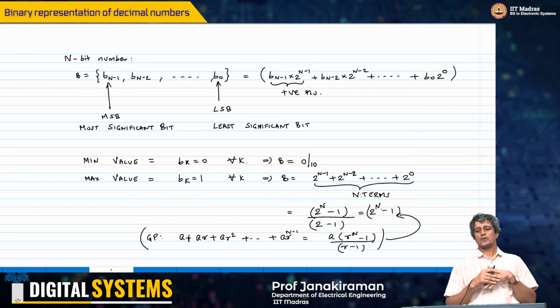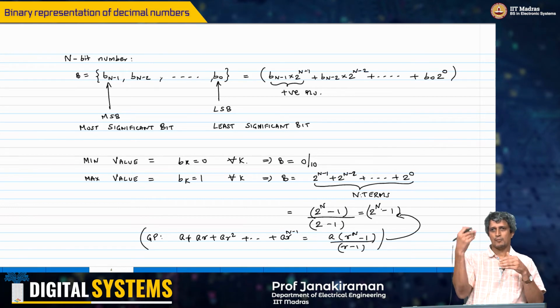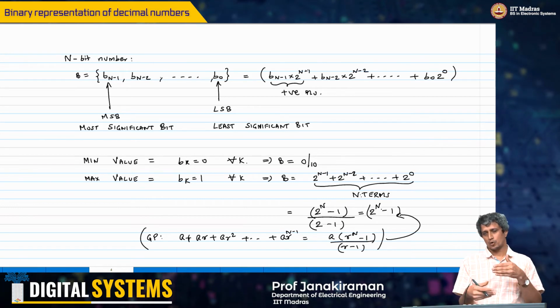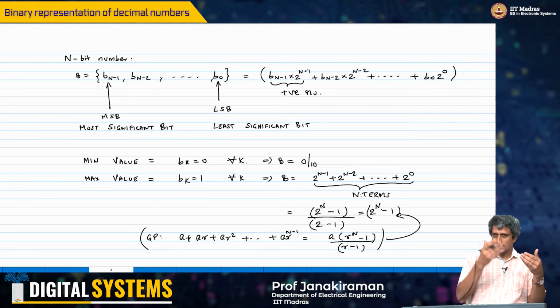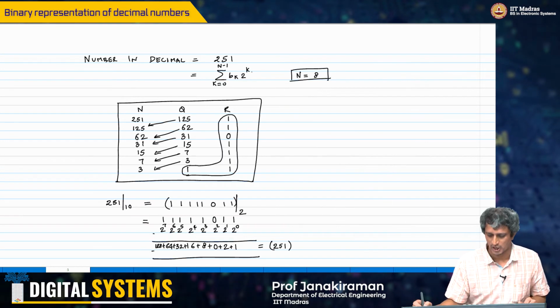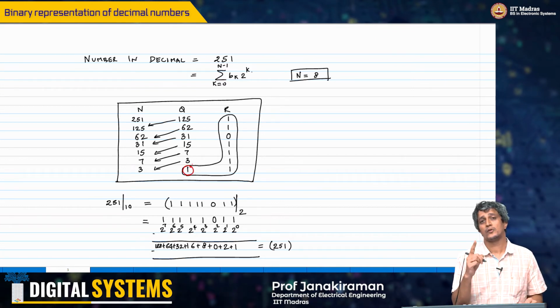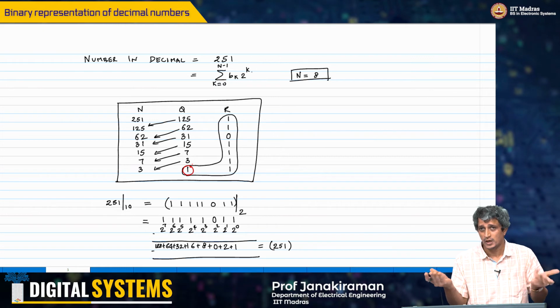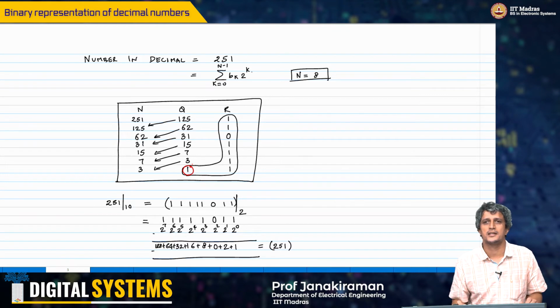Now, of course, coming the other way, if I want to convert a decimal number to binary, you keep dividing by 2 until the remainder, right. Remember, when we did this division, we did it until the quotient itself is less than the base of the number system, which is less than 2.